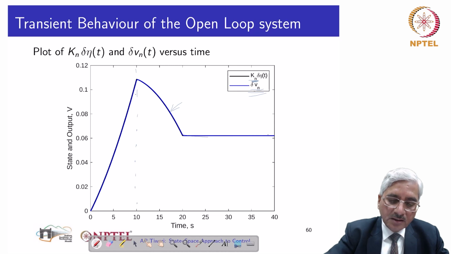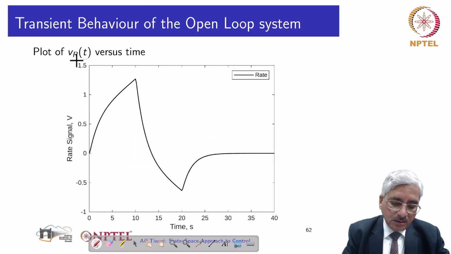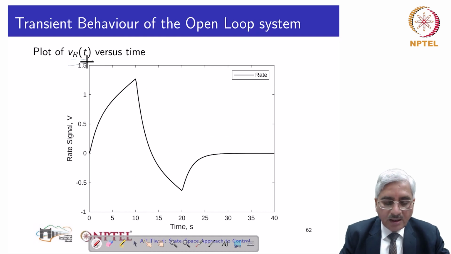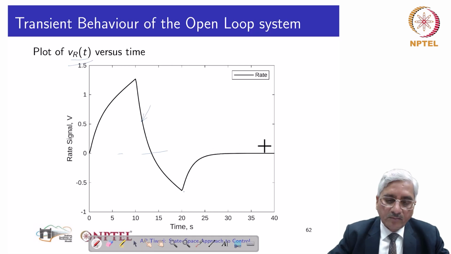This is the profile that comes. One can also see the rate signal: as the neutron density is rising, the rate is also rising. Then when the negative pulse is given, the neutron density is decreasing, and so the rate is negative from here onwards, and subsequently it becomes 0 as the system approaches equilibrium.